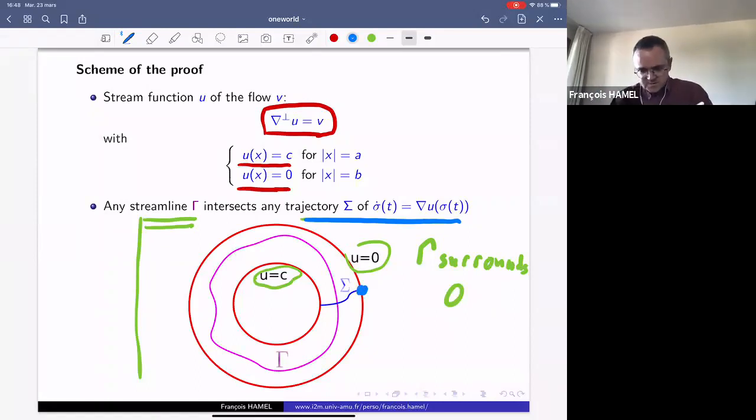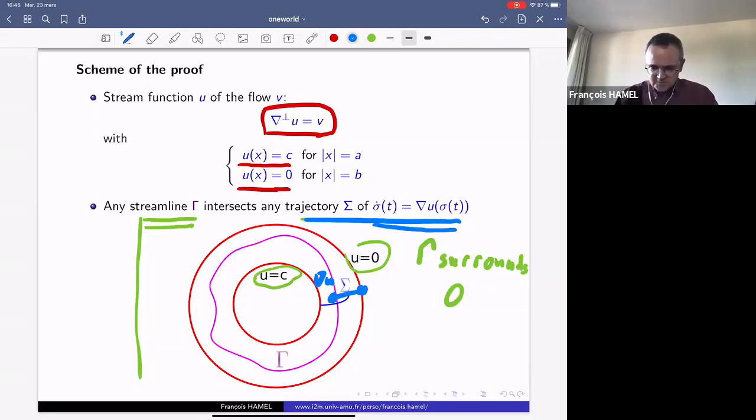Since the gradient of u is orthogonal to the boundary, this is the gradient of u at this point. Up to changing v into minus v and u into minus u, I can always assume that the gradient of u here points inwards.